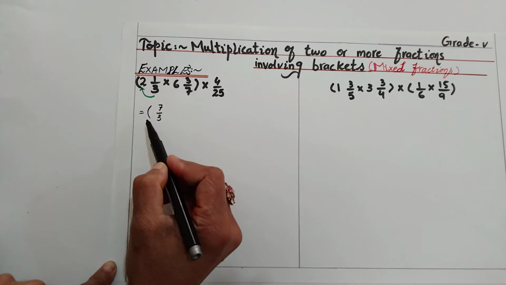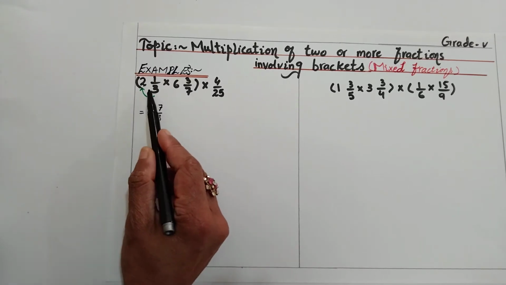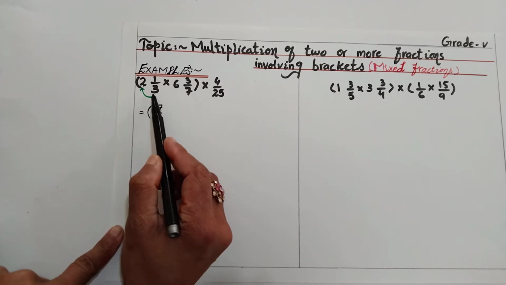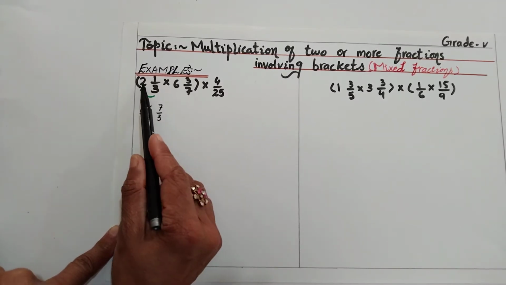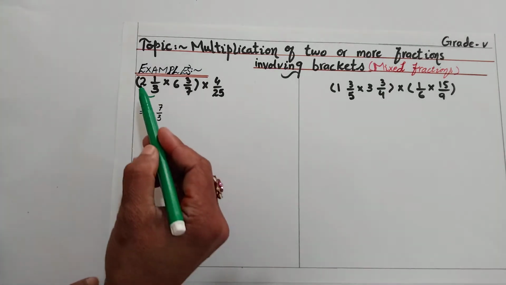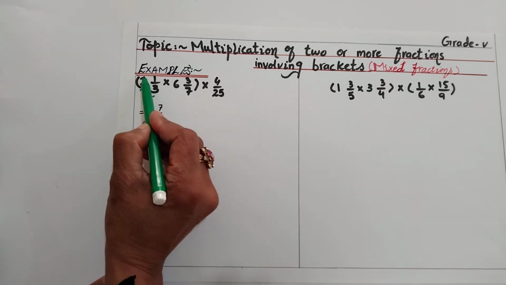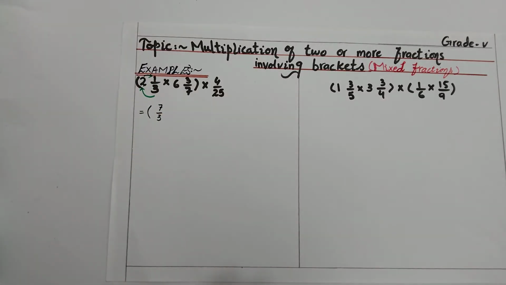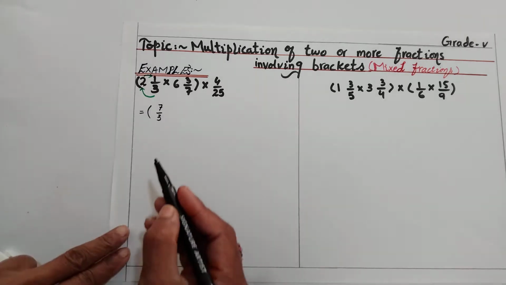Got it? Till the simplification of the mixed fraction, the bracket will remain. We multiply the denominator by the whole number, and then the answer will be added to the numerator. So 3 2s are 6 and 6 plus 1 is 7 over 3.